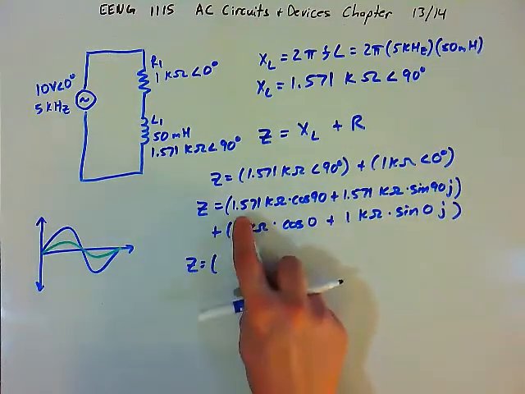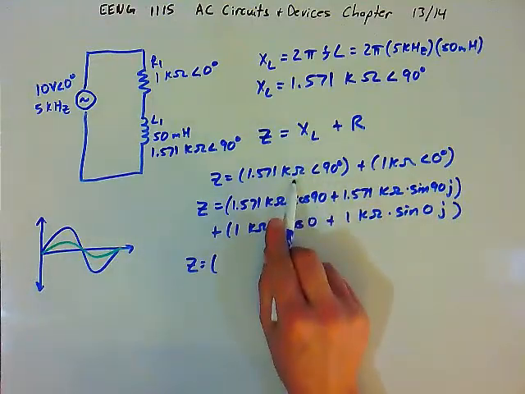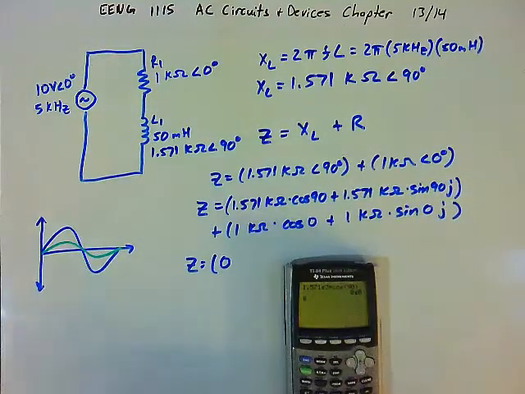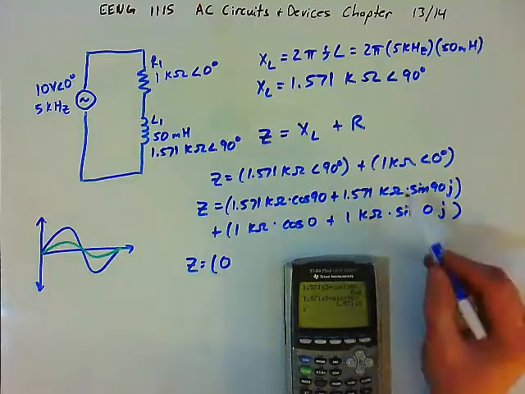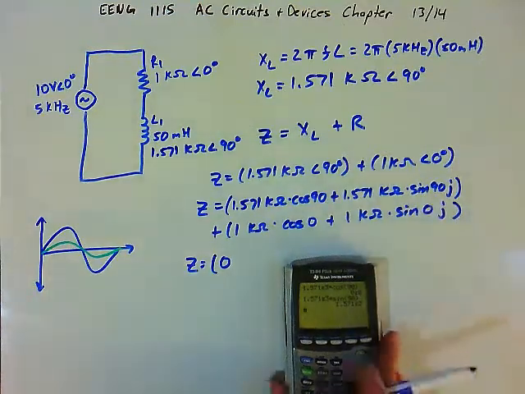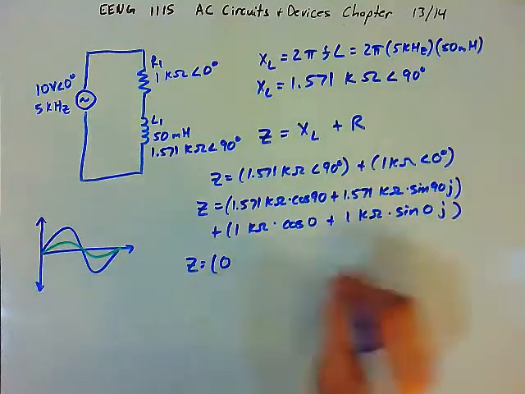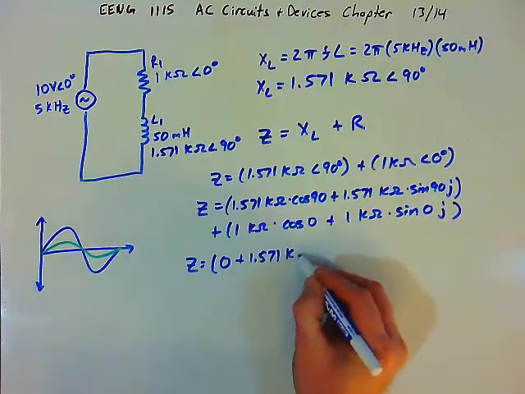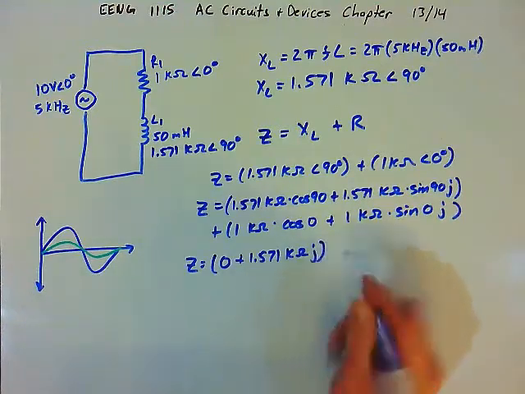So the x component of the inductive reactance is 0, and the y component is going to be 1.571 EE3 for kilo times the sine of 90 degrees, and I get 1.571 kilo, because the sine of 90 degrees is 1, and so we're just multiplying by 1 here. So the y component is going to be plus 1.571 kilo ohms, and again that is the j component of that vector.